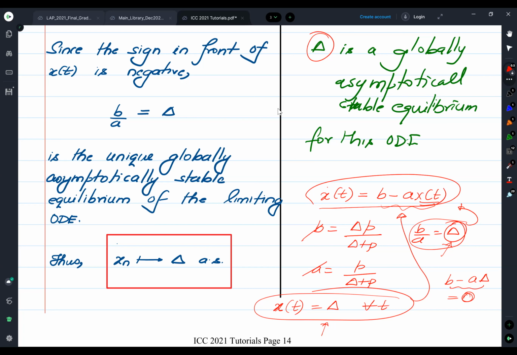Consequently this is an equilibrium point, and in order to show that it's an attractor, one additionally needs to show that whatever be the initial point, if you run the solution of this ODE, you will actually converge to delta. Okay, so I hope that answers your question.